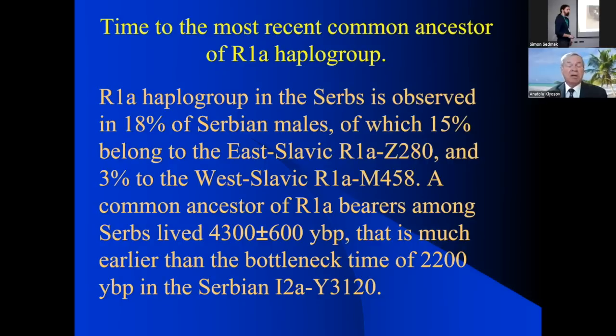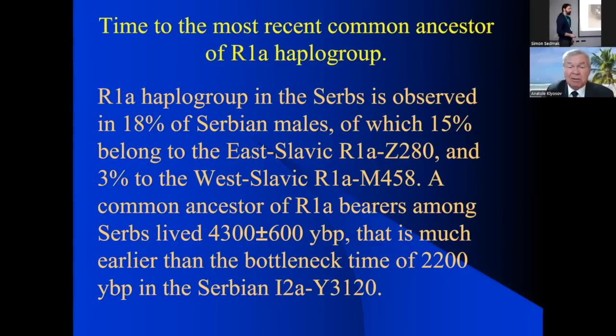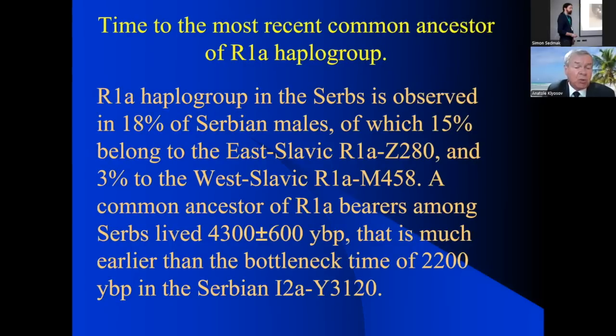And you can ask, why such a discrepancy? Why were Y3120 destroyed, or I would say went through hard times in Europe, through a genocide? Why didn't R1a go through the genocide? Why did they live 4,300 years ago? The answer is simple.